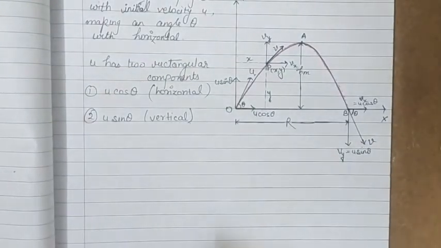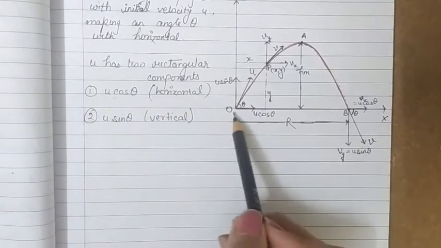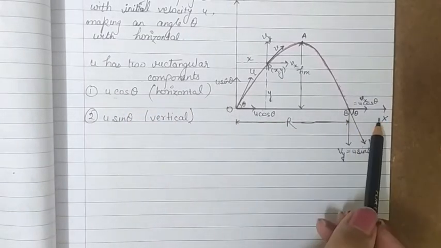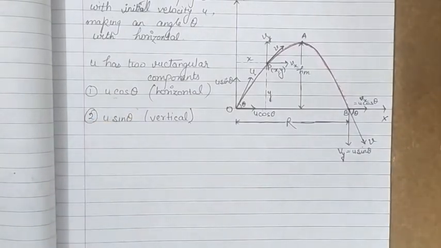Also the horizontal component, that is u cos theta, remains constant throughout the motion, while the component u sin theta changes with time because of the effect of gravity.